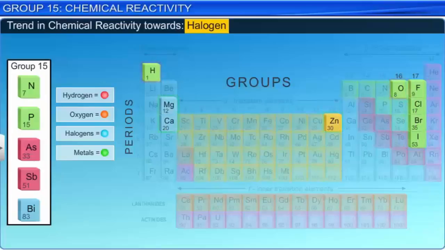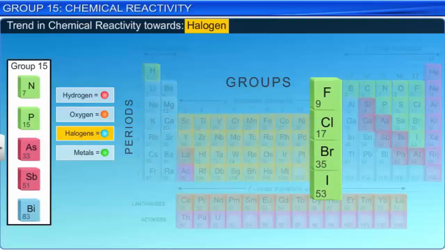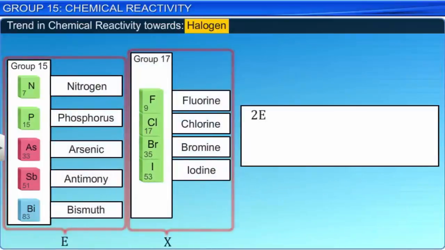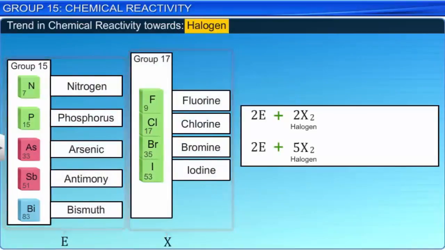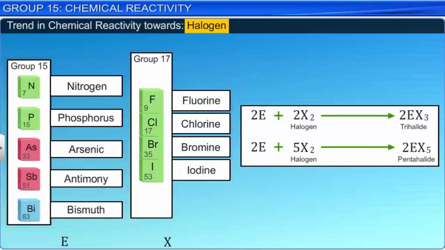Now let's look at reactivity towards halogens. All the elements of group 15 form trihalides and pentahalides with the general formula EX3 and EX5.